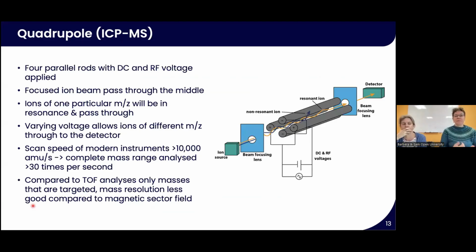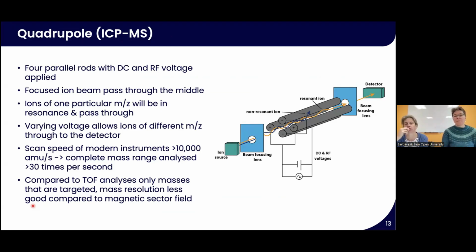As I said, the quadrupole is the mass filter in a quadrupole instrument. It's four parallel rods that have a DC and an RF voltage applied to them, creating the electrostatic field. The focused ion beam will pass through the middle, and only ions of a particular mass to charge will be resonant in that electrostatic field and will pass through to the detector.